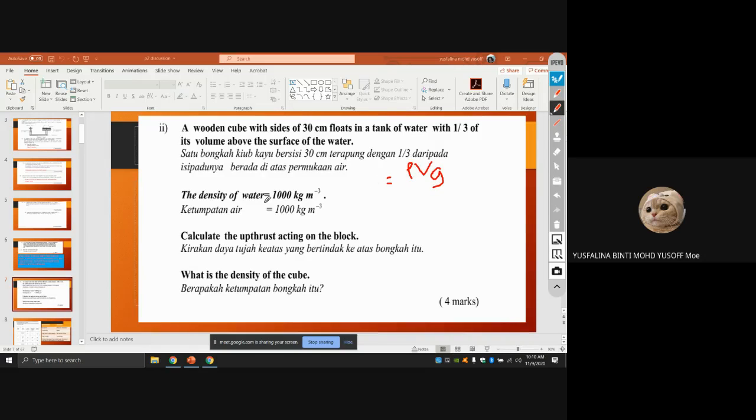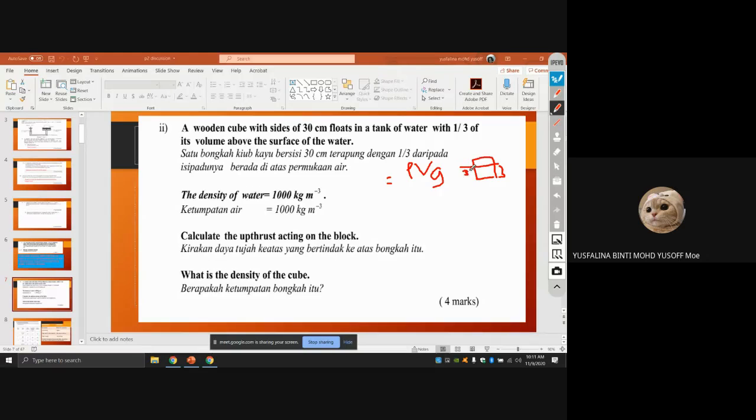The density is already given, 1000. But for the volume, you have to calculate the volume that is immersed in the water. You see here the sides of the cube is 30 cm.